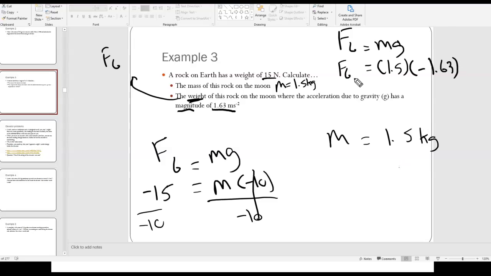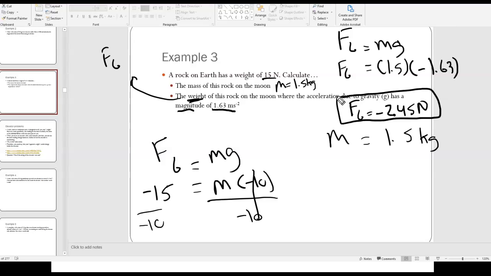Why am I putting negative? Because the direction of the acceleration due to gravity is down. So the magnitude might be 1.63, but if the direction is down, I indicate that with a negative sign. Okay, so I plug this into my calculator to calculate the force of gravity for the moon, and I do 1.5 times negative 1.63, and I get Fg equals negative 4.5 newtons.